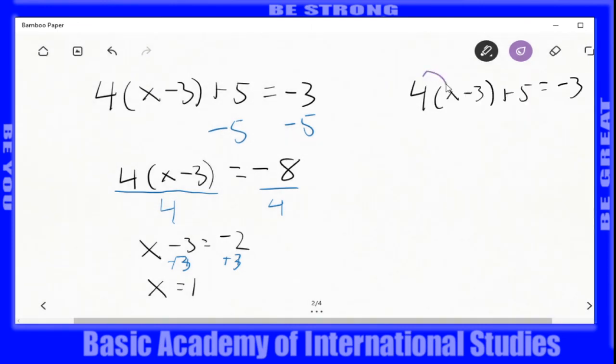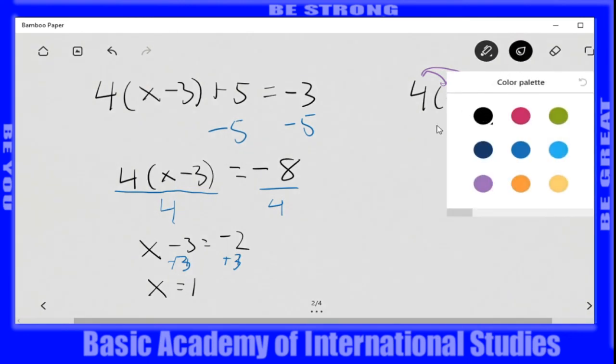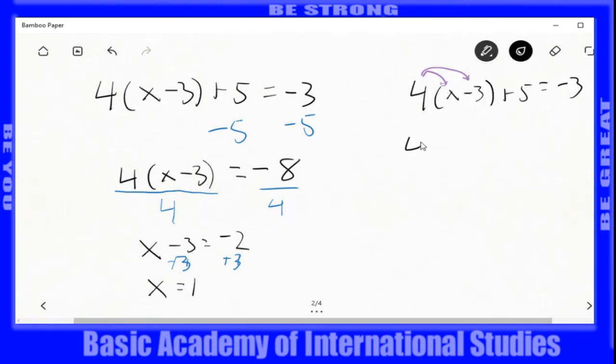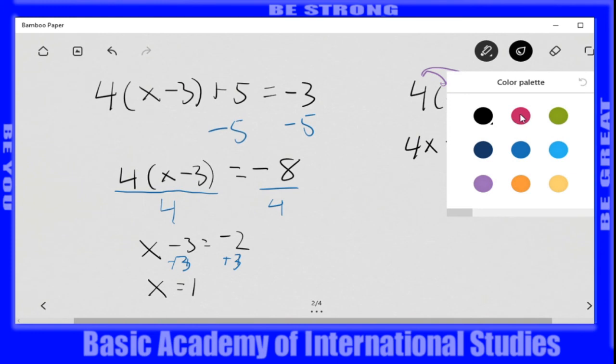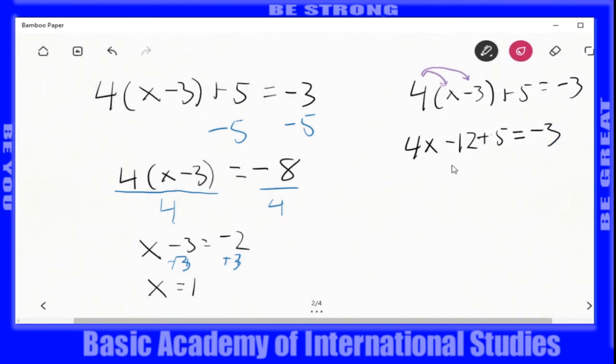You could distribute the 4 into the x and into the 3 as your first step, which is what most teachers would tell you, at which point you'd end up with 4x minus 12 plus 5 equals negative 3. Combining like terms, which would be, in this case, these two, the negative 12 and the 5.